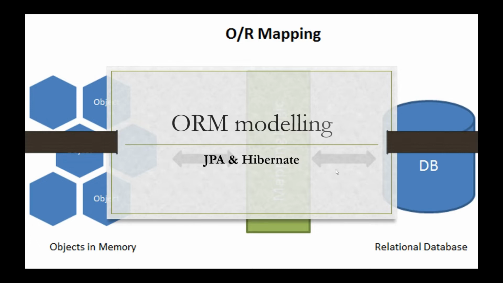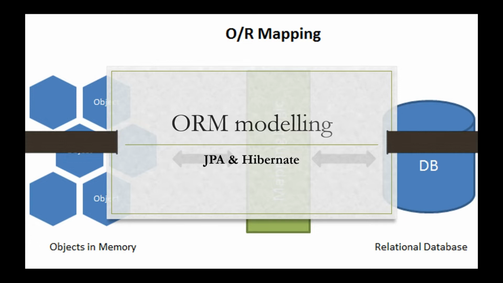Here we also have two specifications that show us how we can do the ORMs, or how we can model our programs using ORMs. We have JPA, which stands for Java Persistence API.